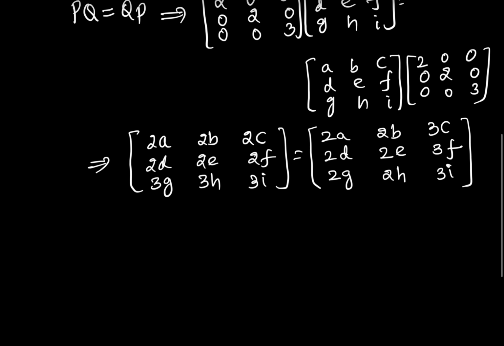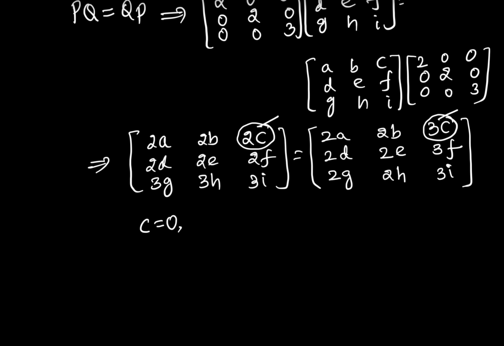Now compare the left hand side and right hand side. If you observe the first elements, 2A and 2A are the same, 2B and 2B are the same, but the third element here is 2C, and there it is 3C. Since the entries are integers, 2C equal to 3C is possible only when C equals 0.